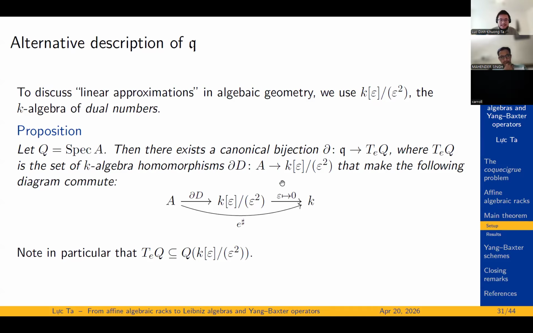This proposition is saying that there is a way to identify the tangent space with a certain subset of R points of your scheme, where R is the algebra of dual numbers. That's what all of this is saying if you translate it. This bijection between math frac Q and the tangent space, I'm going to call partial.